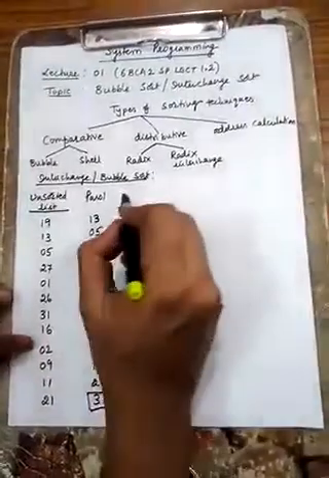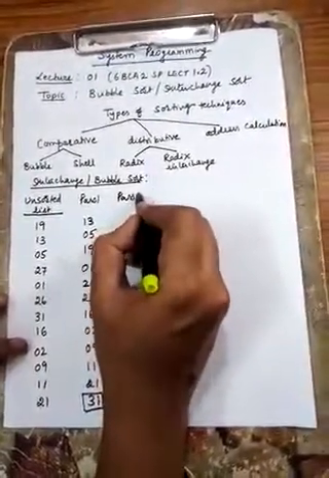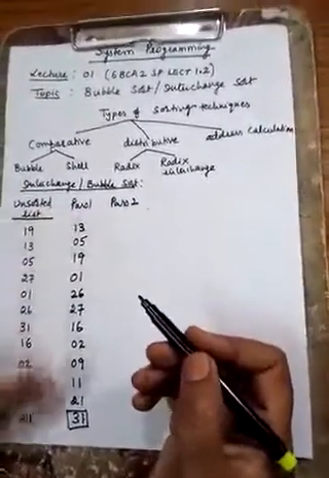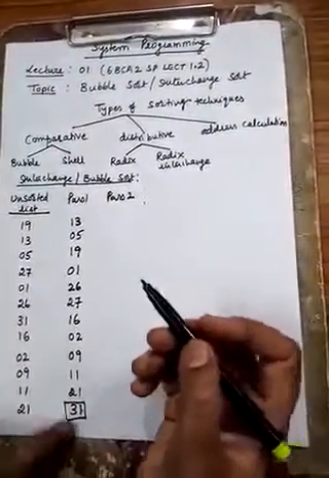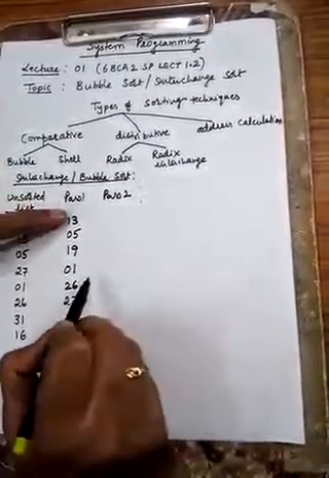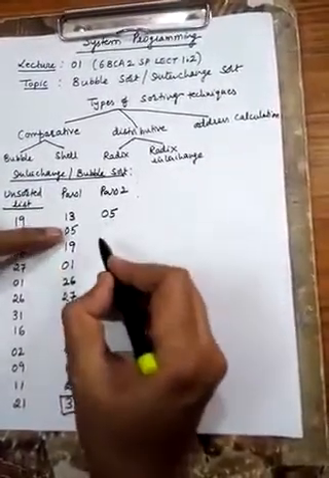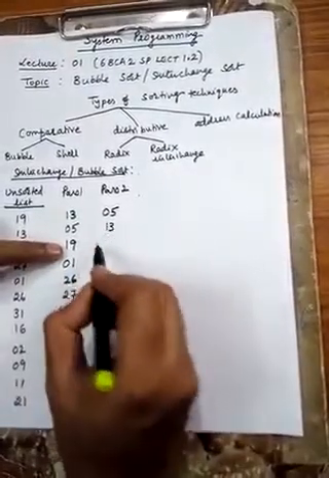Now in the next pass, the table is again sorted like this except the last one. Now we start with 13 comparing with 5. So 5 will go up, 13 is less than 19, so 13.